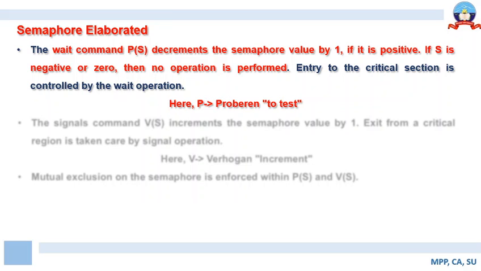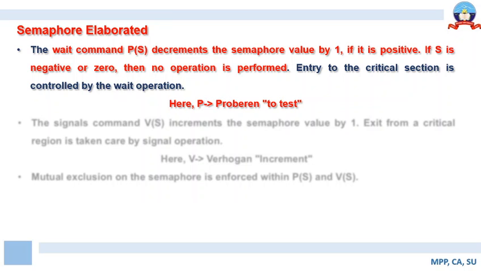So P refers to proberen, the act of testing whether the resources are being utilized by some other process or are free. Only if they are free do we make the process execute its critical section. Otherwise, the process has to wait for the current process to get over utilizing the shared resources.